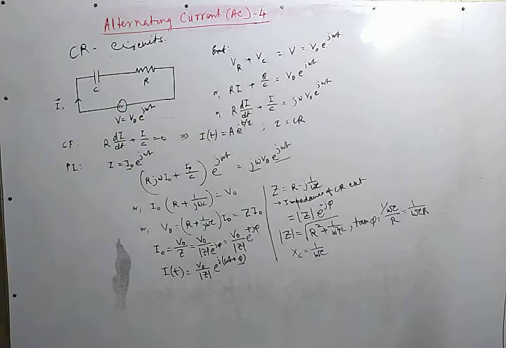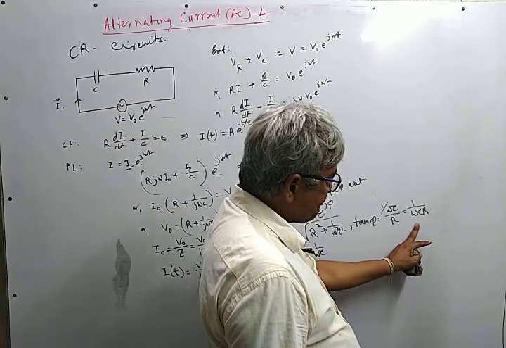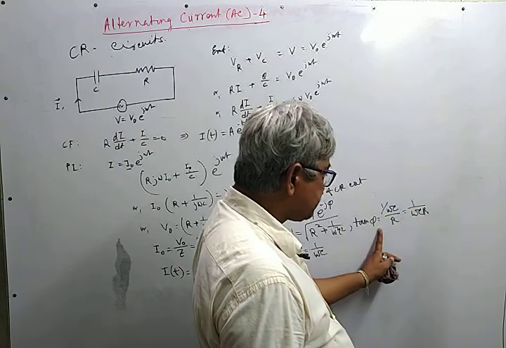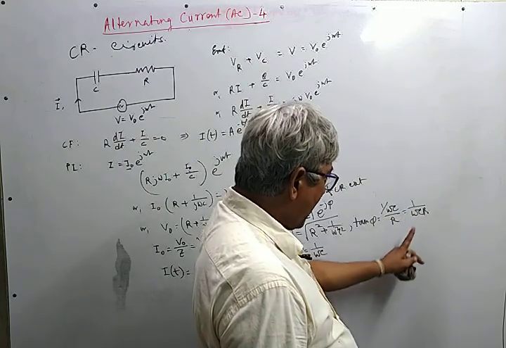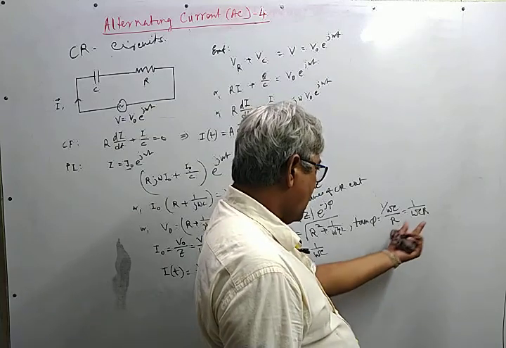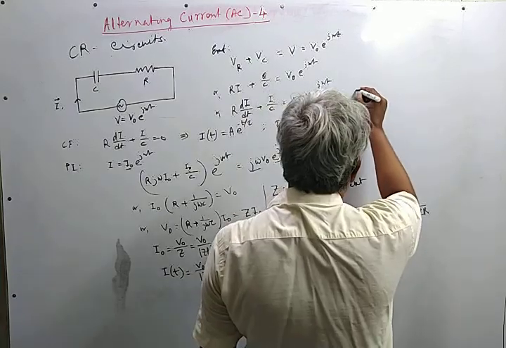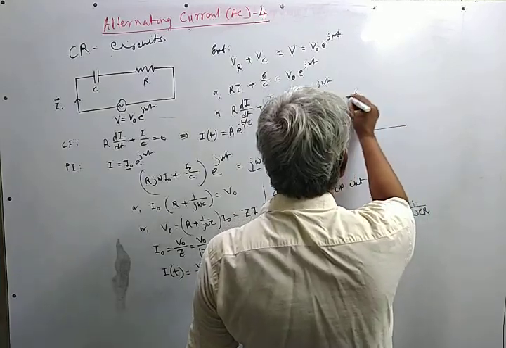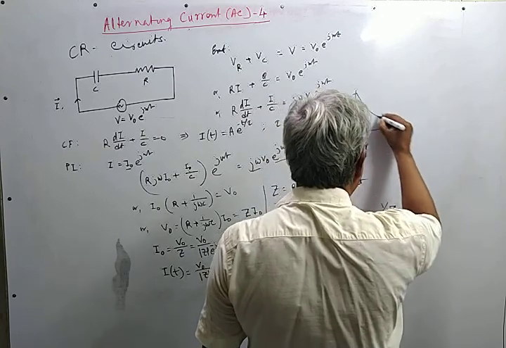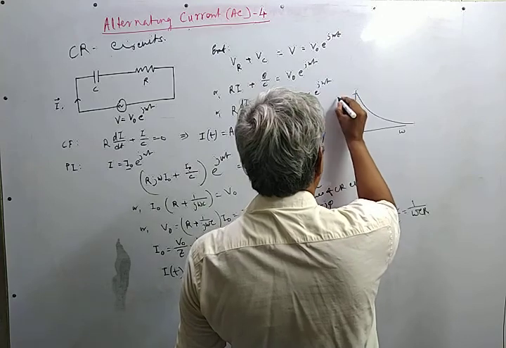Now the phase angle phi, at omega equal to 0, the tangent is infinite, so phi is pi by 2. And as omega becomes very large, this part becomes 0, so phi is 0. So the variation of phi is from pi by 2, with omega. This is the variation of phi.